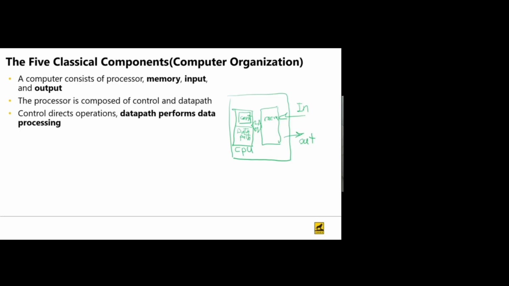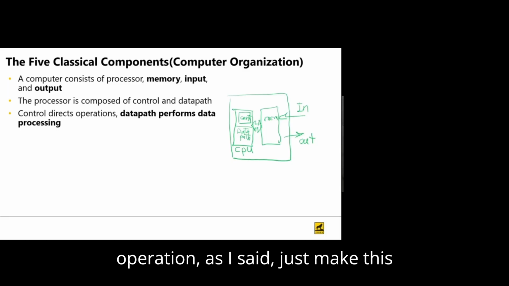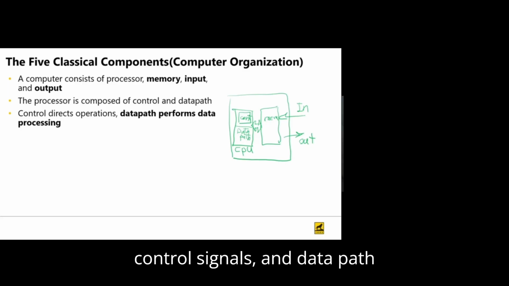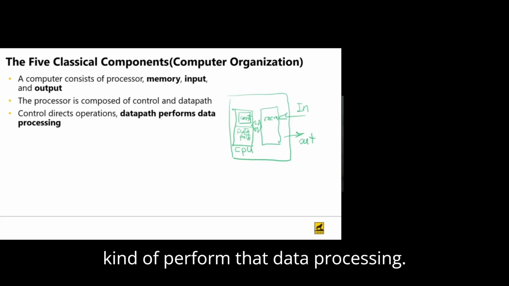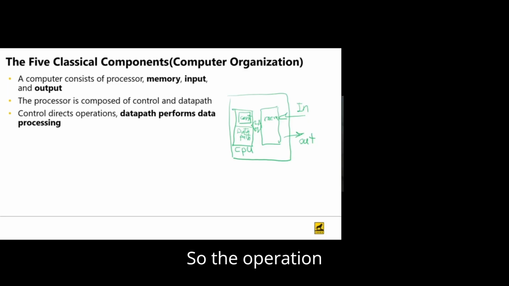The control directs operation, as I said, it just makes these control signals, and the data path performs the data processing. So the operation happens in the data path mostly.